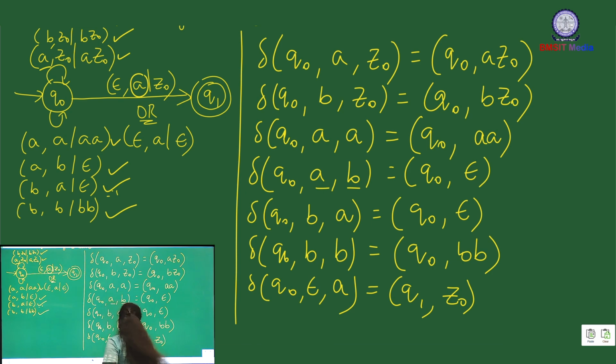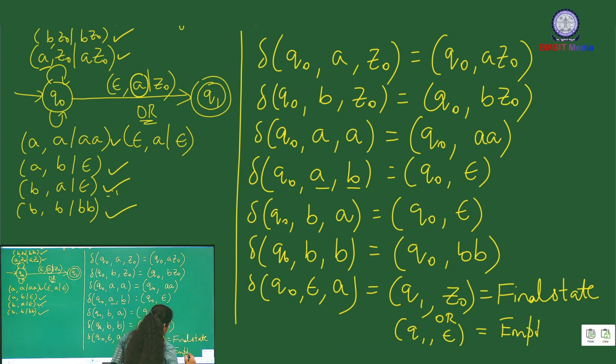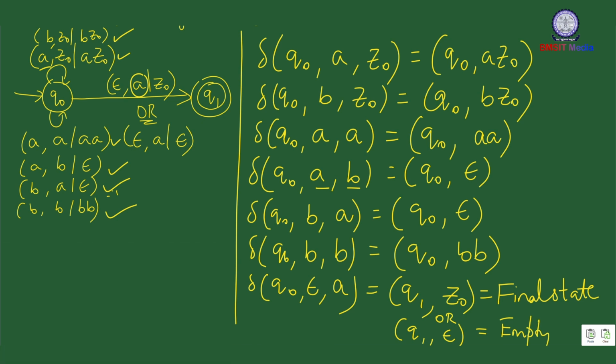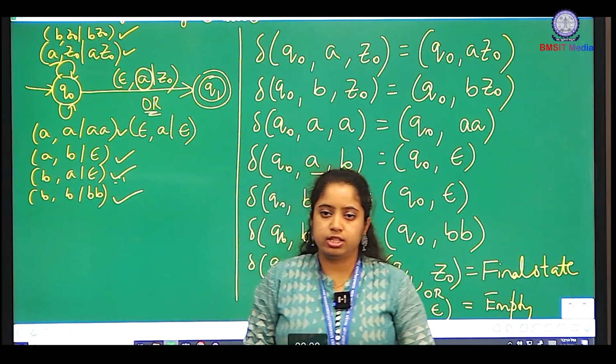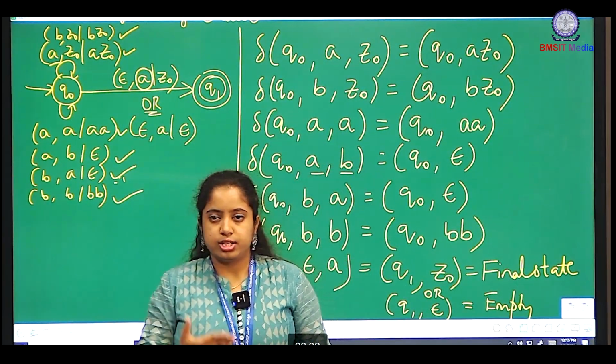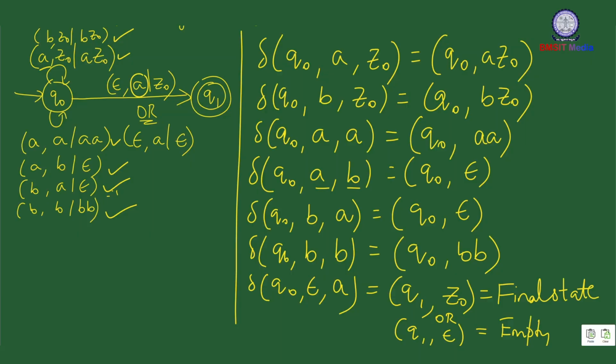So, this is the final state method, or else you can have Q1 comma epsilon, which is the empty stack method. You can even have it as a self loop here. If there are more A's, just accept it and stay in the same state, or stop it here.